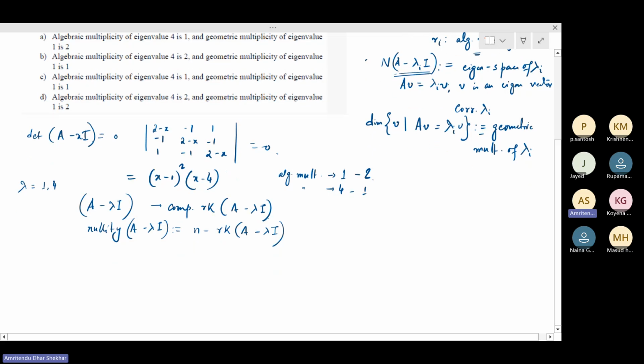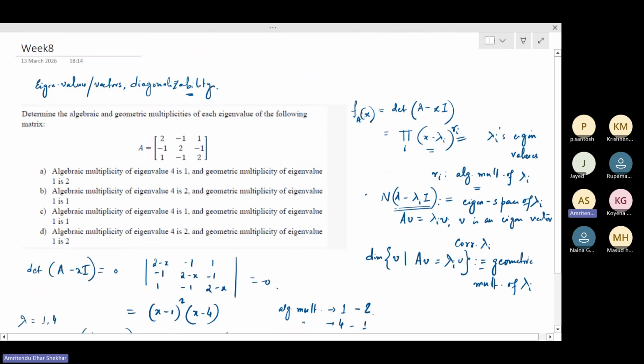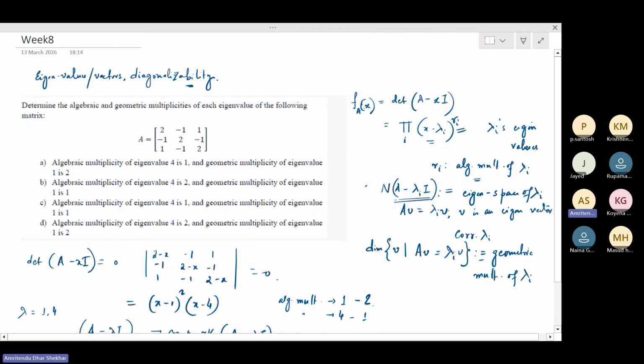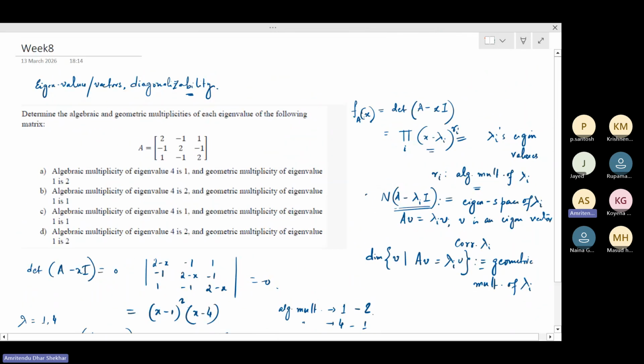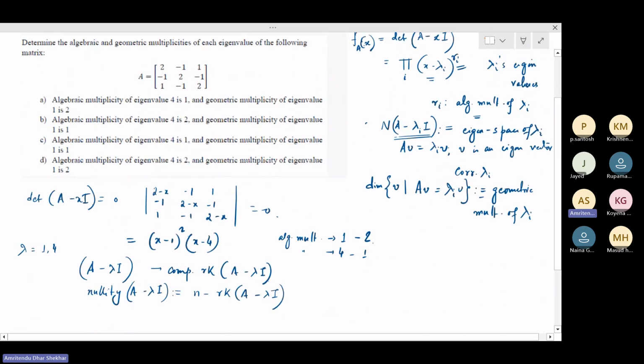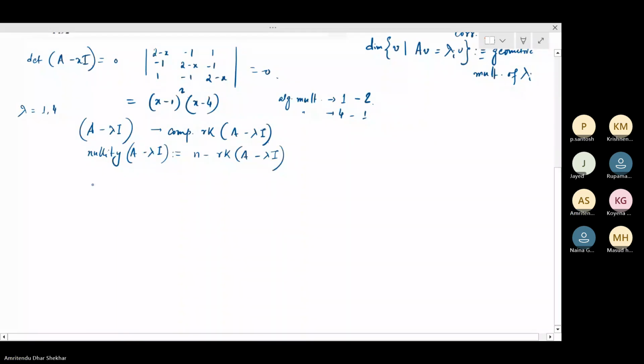Now, you can do that without necessarily doing this whole exercise by making the observation that A is a symmetric matrix. So let us just pause here for a moment. A is a real symmetric matrix, and let us make a few comments about these.